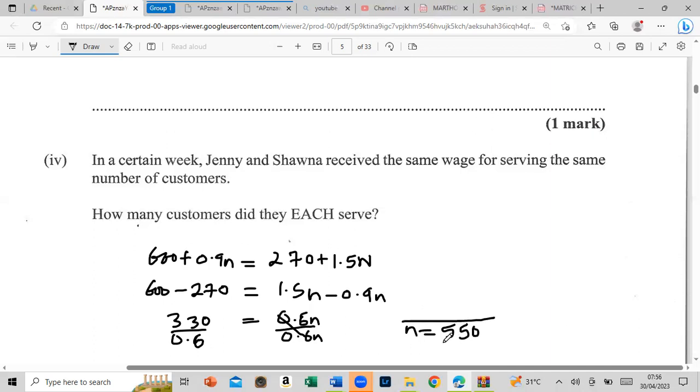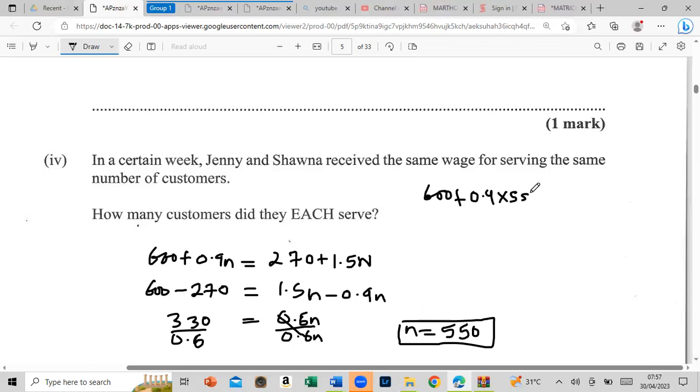Let's check it just to make sure, 100%. Let's see how much money they would have earned and see if it works out. So 600 plus 0.9 times 550, because that's what we said we get.